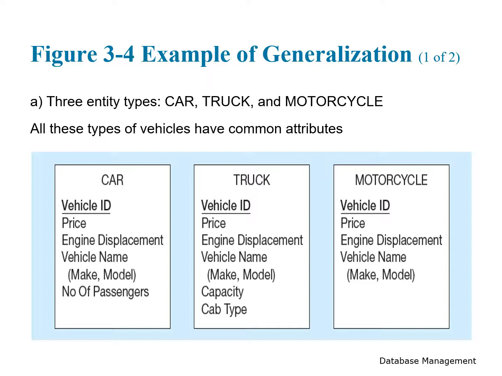And motorcycle has the same attributes from vehicle ID to vehicle name. So car has its own attribute, number of passengers. Truck has its own attributes, capacity and cab type. And motorcycle doesn't have any of its own attributes.